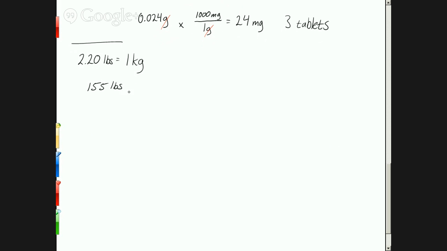We want to multiply this by some kind of a factor that allows us to cancel out the pounds and end up with kilograms. So if you can set up that fraction where you can cancel out what you need to cancel out and end up with what you want, then all you have to do is plug the numbers in from the identity. So if it's 2.20 pounds per kilogram, we plug in those numbers.